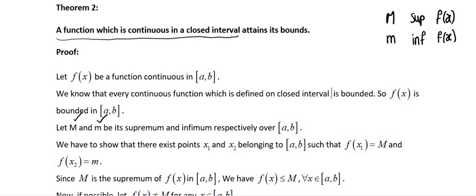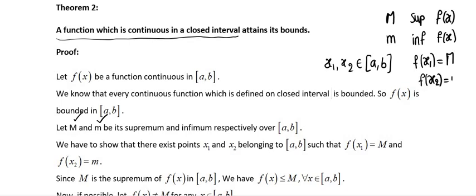We have to show that there exist points x1 and x2 belongs to closed interval a comma b, any 2 points of the closed interval, such that f of x1 equal to capital M, f of x2 equal to small m. Attains its bounds means this is the concept: f of x1 is capital M, f of x2 equal to small m.